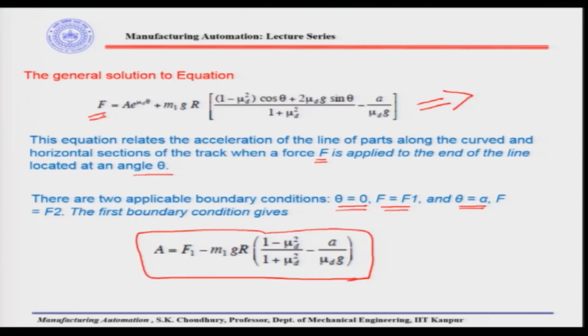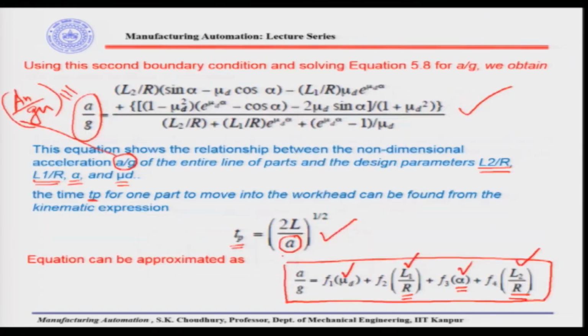From here we find the boundary conditions, and from the boundary conditions we find the An by Gn, that is the normal track acceleration. We see that the normal track acceleration is a function of the dynamic coefficient of friction, L1 by r, alpha, and L2 by r. So, it is important for us to find out how they are related.